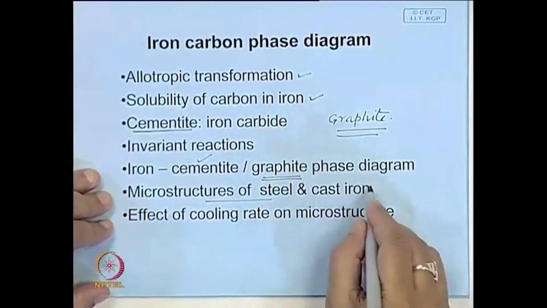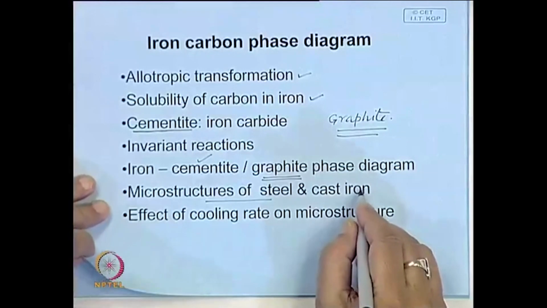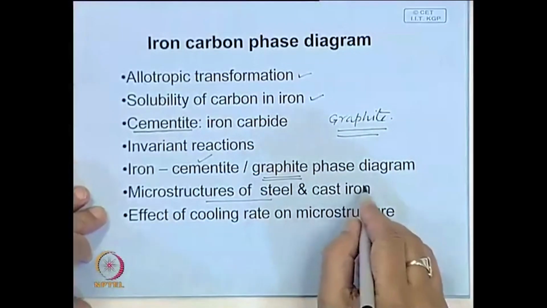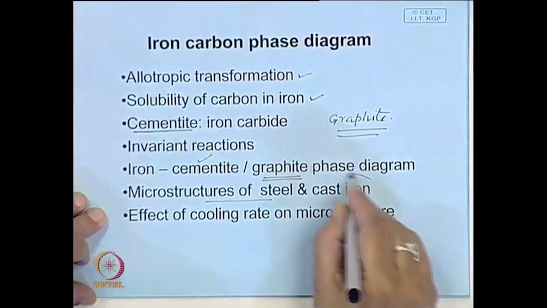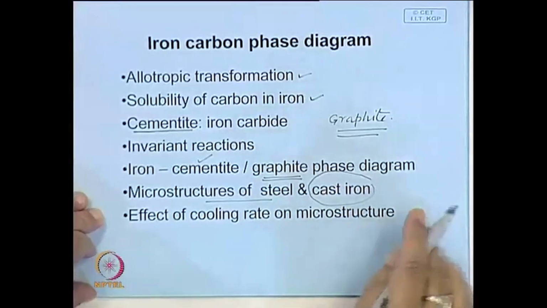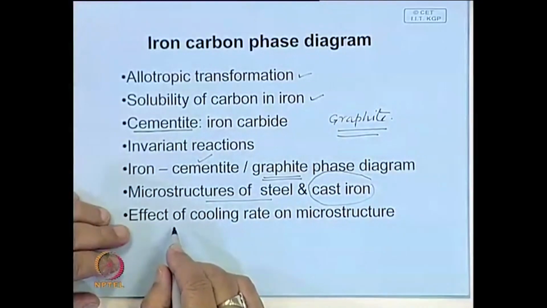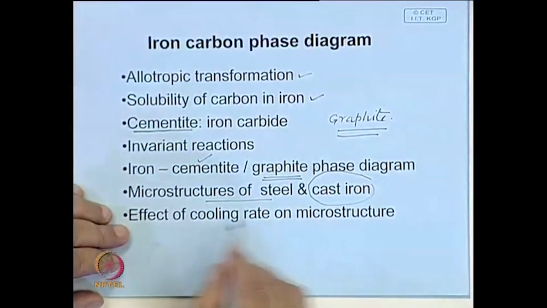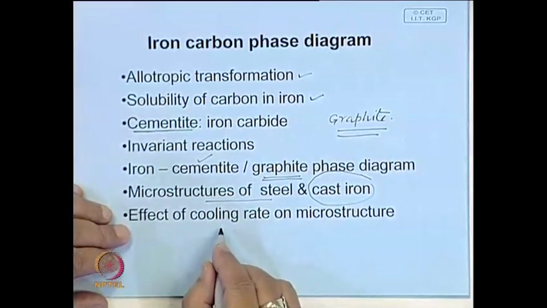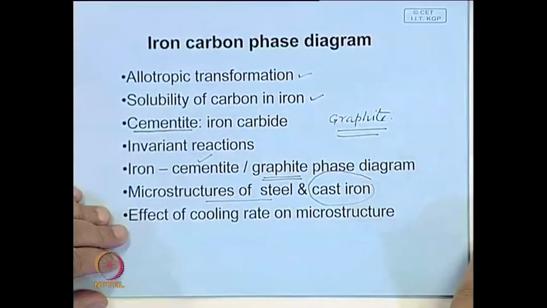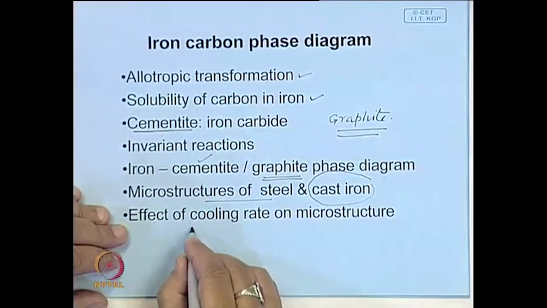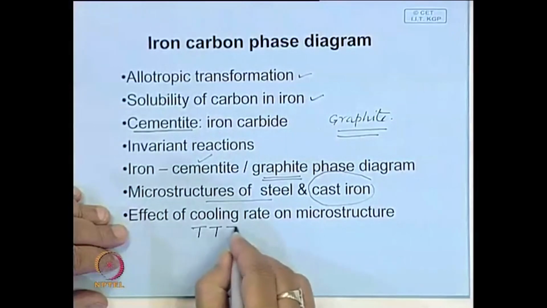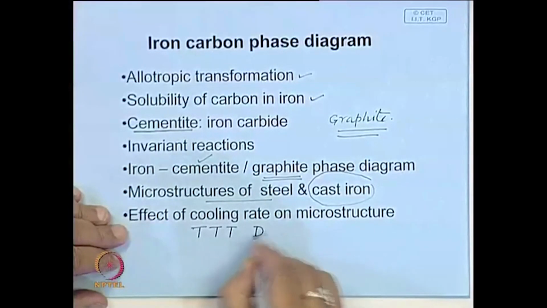Today, we will see what happens if this cementite breaks down into graphite and we get another type of cast iron called grey cast iron. Then we will try to interpret the effect of transformation temperature or cooling rate on the microstructure you get in steel, and introduce a new concept, a new diagram called the time temperature transformation diagram.